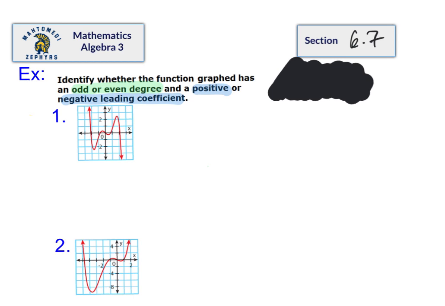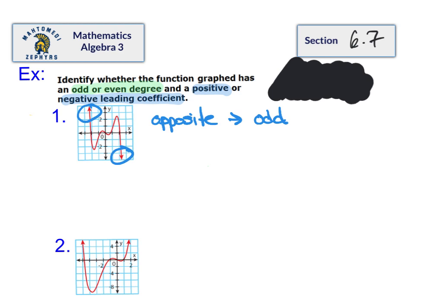So two items, okay? So odd or even, all we have to do is investigate where it's finishing. Because the finishing directions are opposite, that means it has an odd degree.